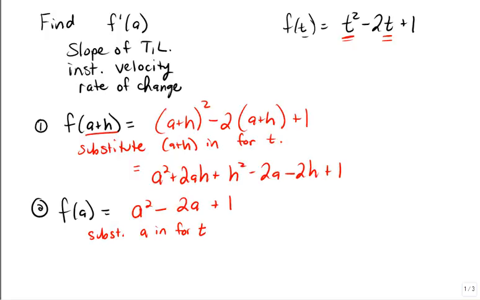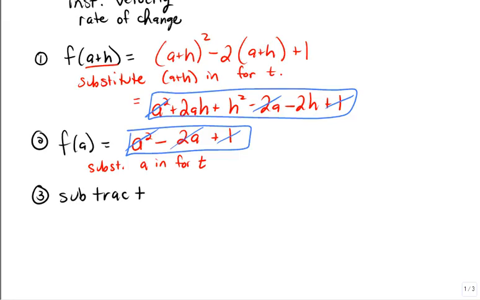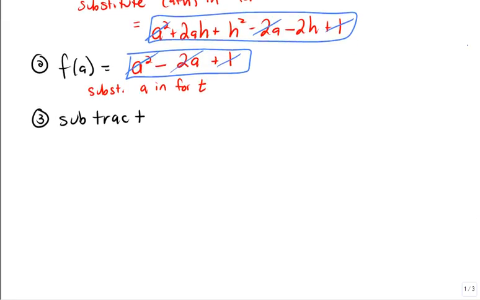Okay, third step, subtract. Now anything that's alike is going to subtract out. So what I'm doing is subtracting this and this. A squared minus a squared cancels, minus 2a plus 2a cancels. Anything that's alike is going to subtract out. 1 minus 1 is 0. So what am I left with?